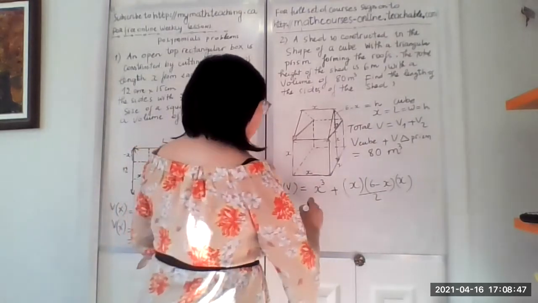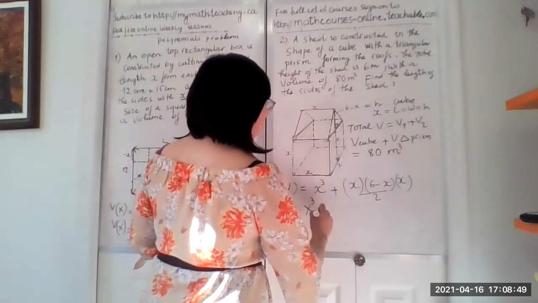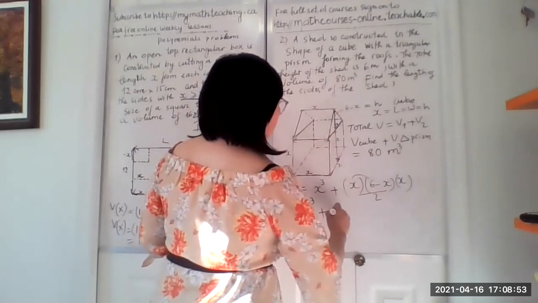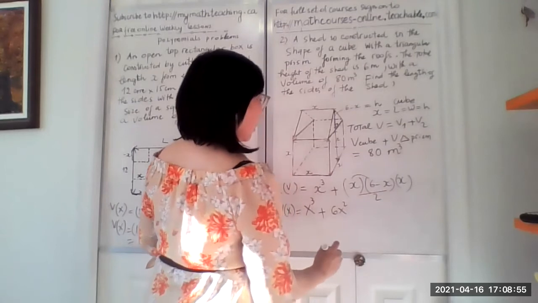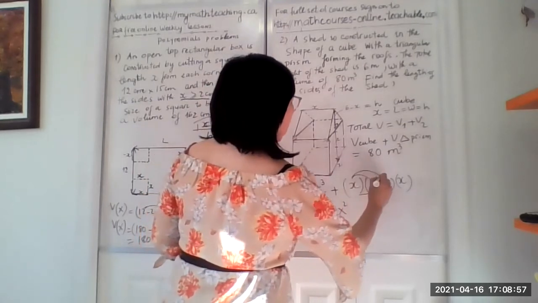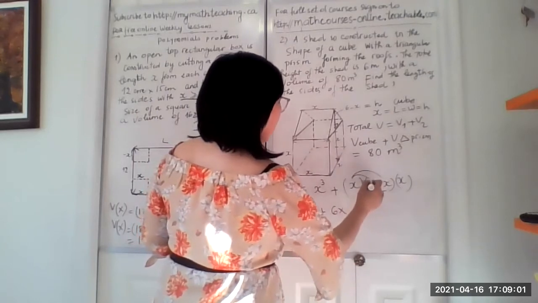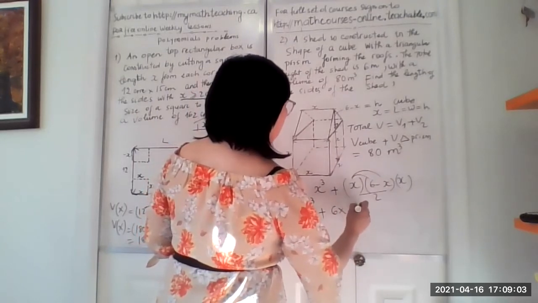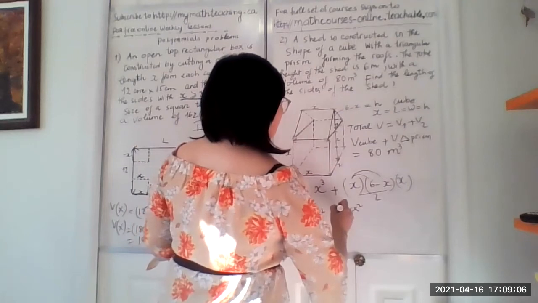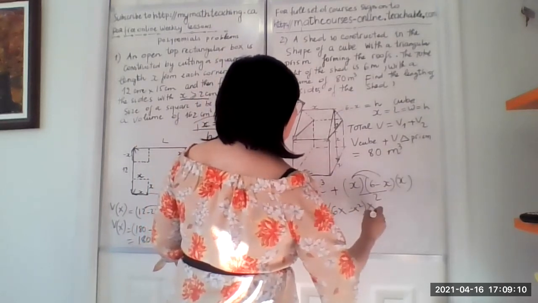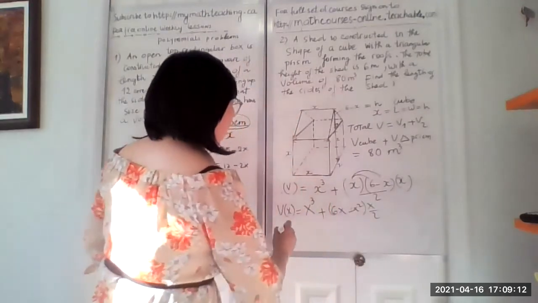So now let's simplify it. It will be x to the power 3 adding with, this will be 6x, sorry, just 6x. 6 times x is 6x minus x squared. And all of this times x again outside and divided by 2.